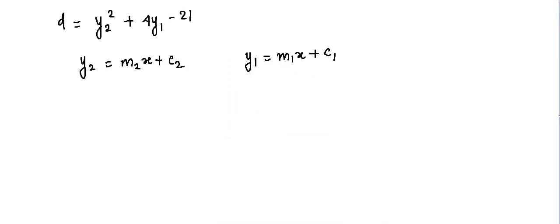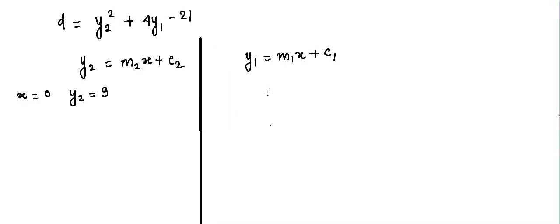Let's do it together. Let me make a line here so that it will be easy for us to understand. So when x is equal to 0, y2 will be equal to 3. This is the condition that has been given to us. Let's once again check the equation.